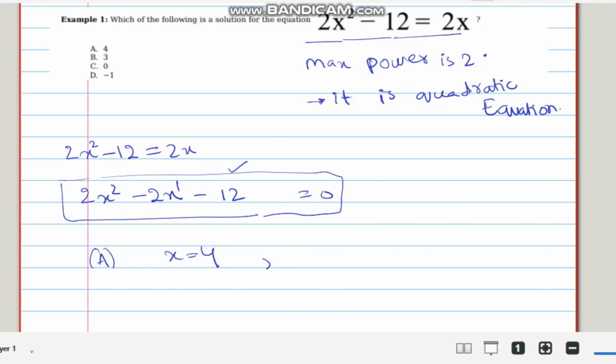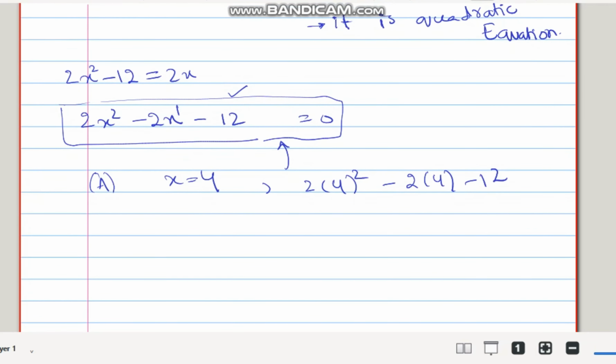Just put x equal to 4 in this equation. Check if it gives us 0. If it gives us 0, then it will be the correct solution for this equation.